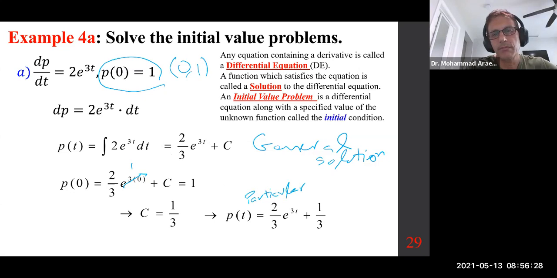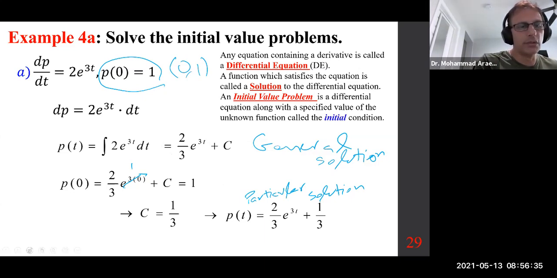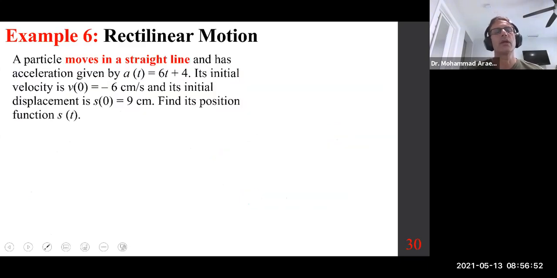So what is the initial value problem? It's just a good old integration problem with the added pair going from a general solution, because a constant means we have infinitely many solutions. We have a family of functions. Now the C is known. It's an initial value problem. So one particular solution.